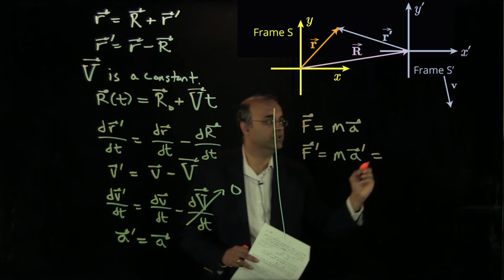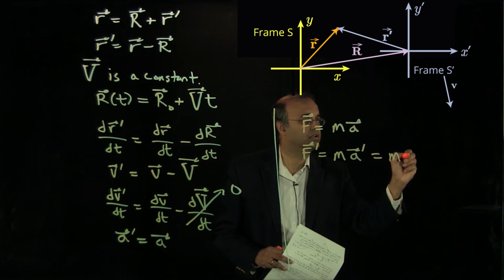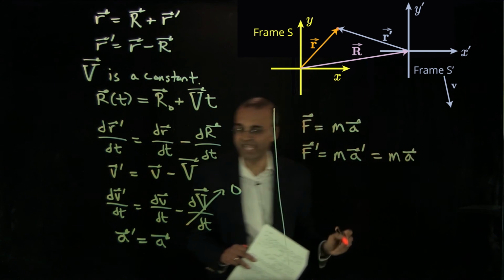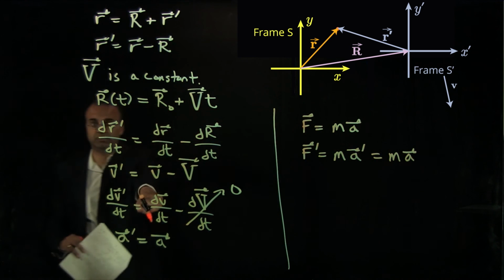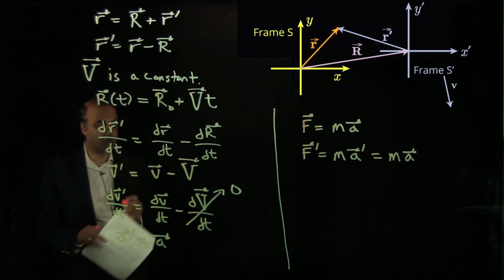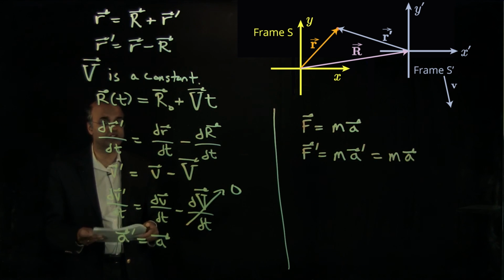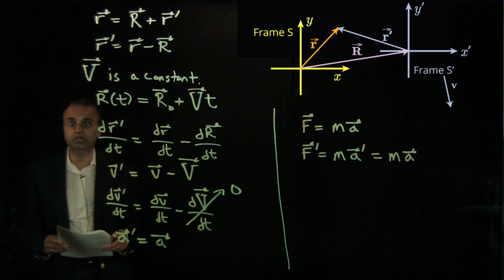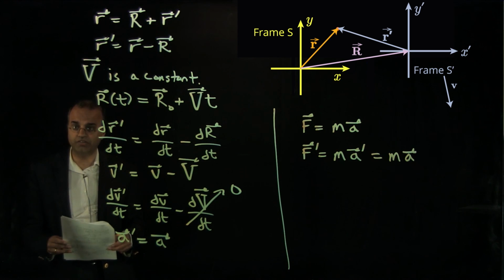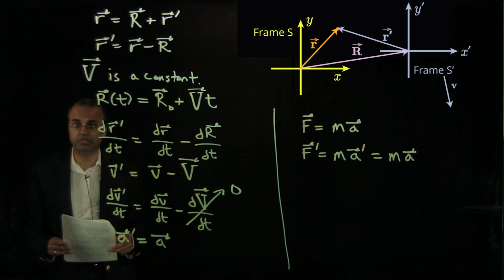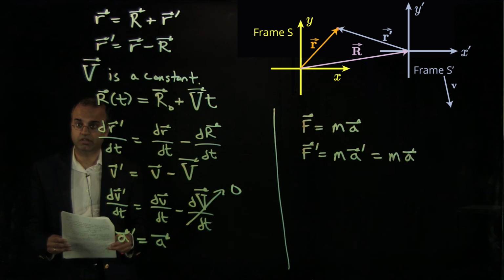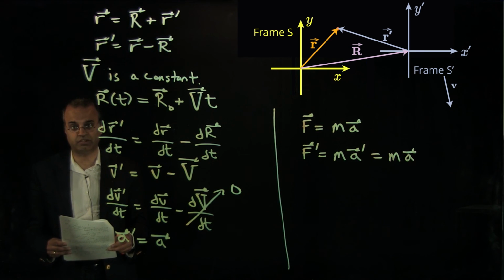But A prime is equal to A, as we calculated here. So we see that the forces in the two frames are identical, even though the positions and velocities in general will be different as measured in the two frames for the same object. But the accelerations will be identical, and so the forces will be identical.